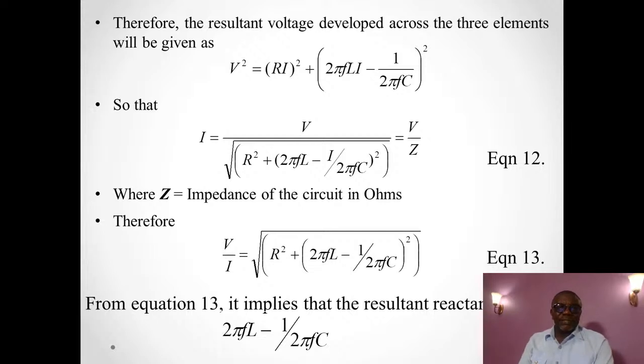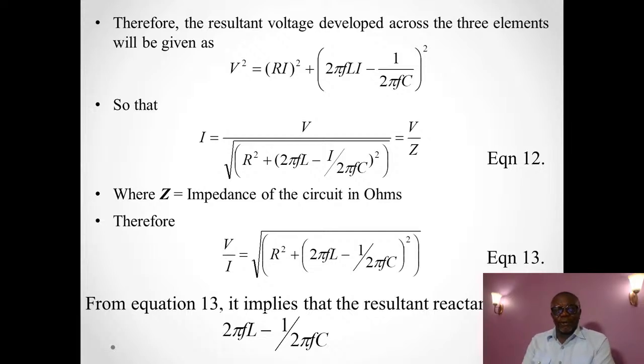So if we do that, we can see that V squared is equal to R I squared plus the two reactances squared. That is the inductive reactance minus the capacitive reactance, because they are 90 degrees out of phase, you see.